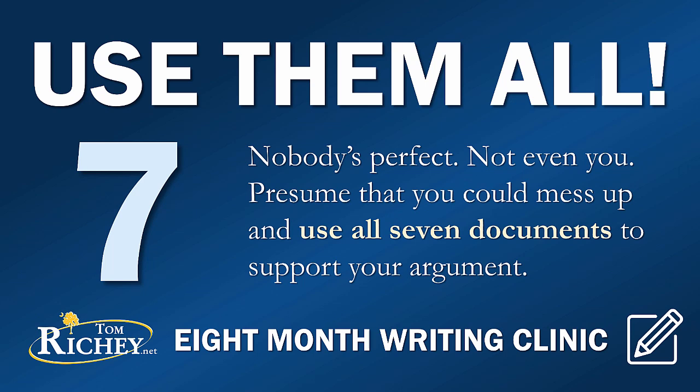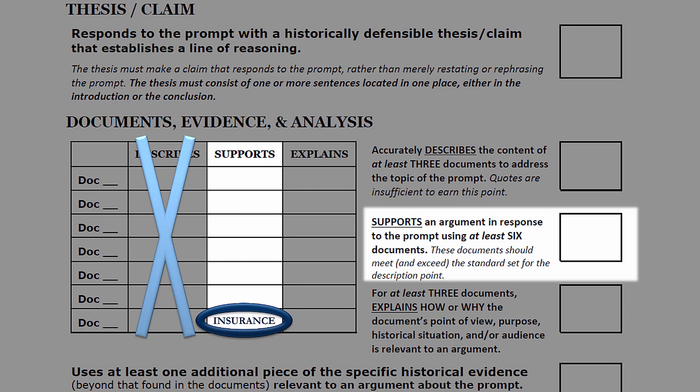Even if you used 5 documents argumentatively, you're not going to get the point unless there are 6. So I always tell students, use all 7 documents in your essay. If you get all of them right, great, but at least you've got some insurance. Make sure you use all 7 documents to support your argument, with that 7th document being insurance.